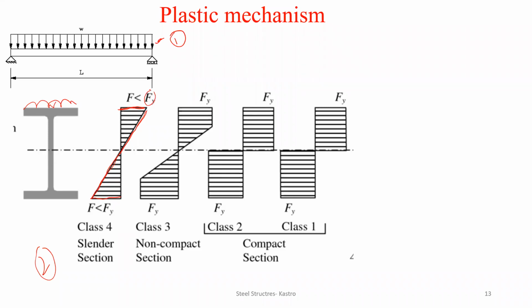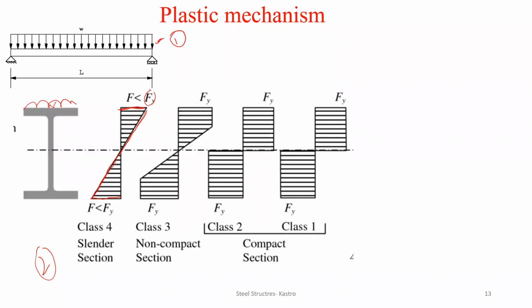Remember very carefully, I'll repeat the statements once again. You're going to consider a simply supported beam with a uniformly distributed load W, and within the elastic limit, the stress is directly proportional to strain.